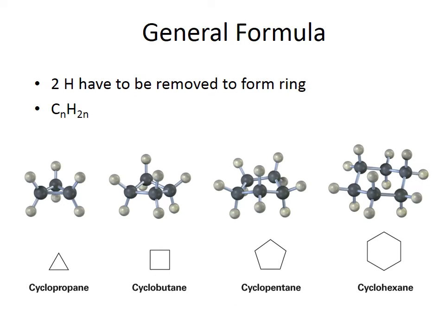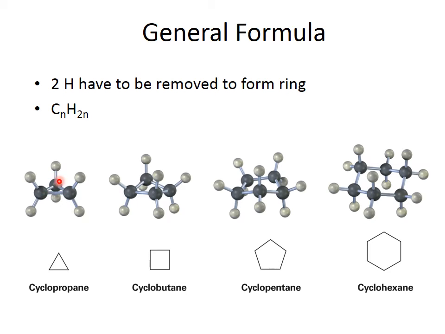So in order to make a ring, what you have to do is take an open chain and link it back on itself, but to form that bond that connects a ring into a ring, you have to remove 2 hydrogens. So the general formula for any ring that is all single bond, there we go, brought it back. Right here we have cyclopropane.